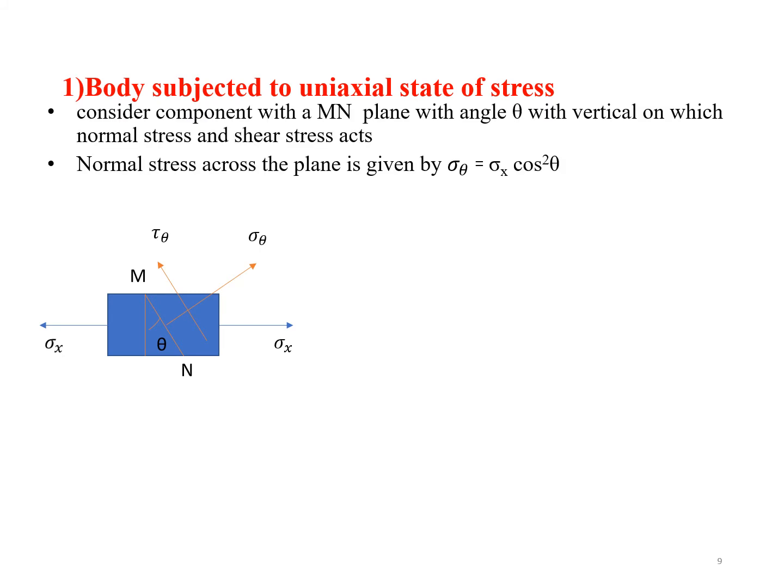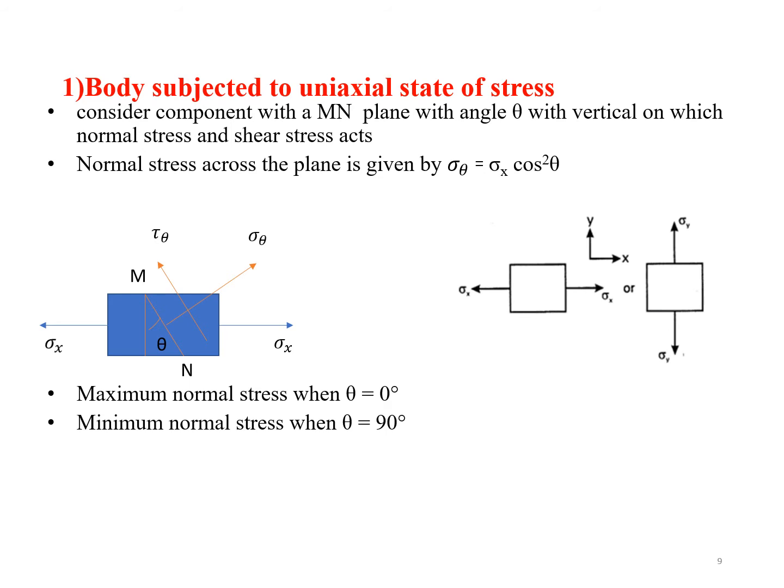Coming to the body subjected to uniaxial stress, we have a body as shown in the blue color, which has an MN plane making an angle of theta with the vertical, on which the normal stress sigma theta and shear stress tau theta act as shown. The normal stress across the plane is given by sigma theta is equal to sigma x cos square theta.